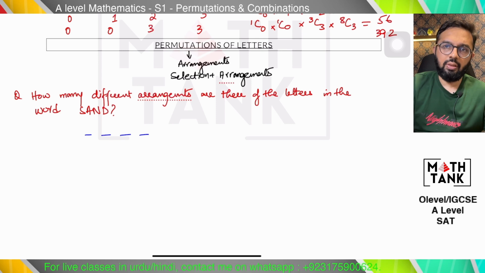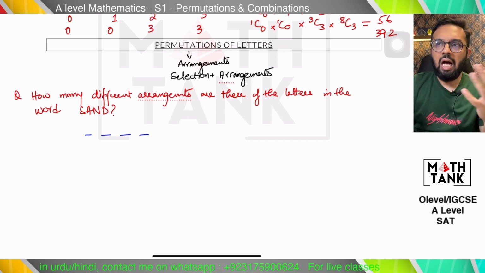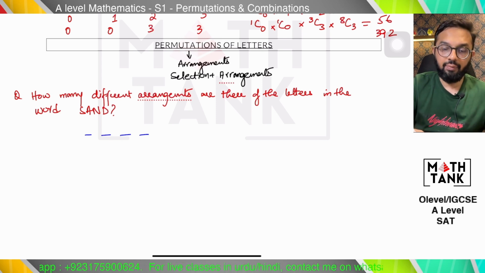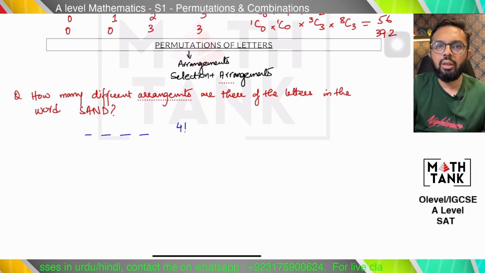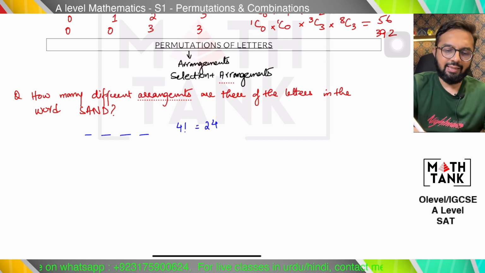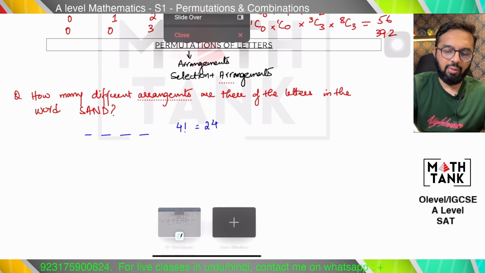Now permutations are about understanding how these dashes shuffle around between themselves. If there are four dashes, there are 4 factorial ways of arranging these dashes, each of which is carrying a letter. So 4 factorial gives me 24. Factorial is something that you have on your calculator, though it may be in a different place.